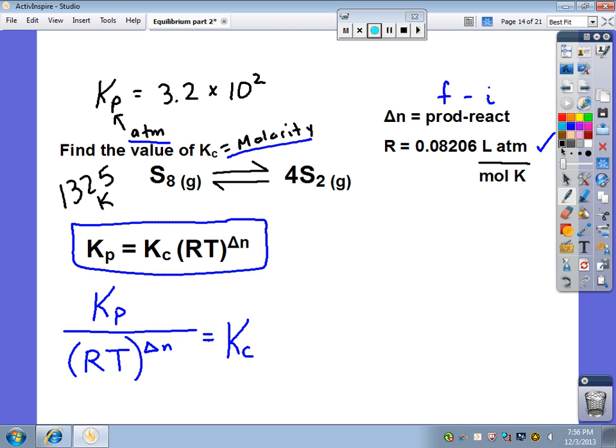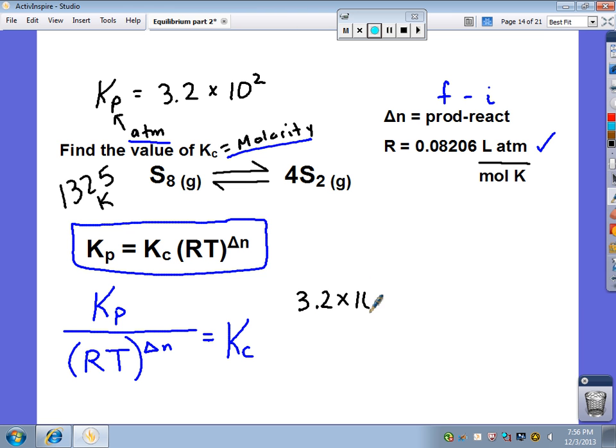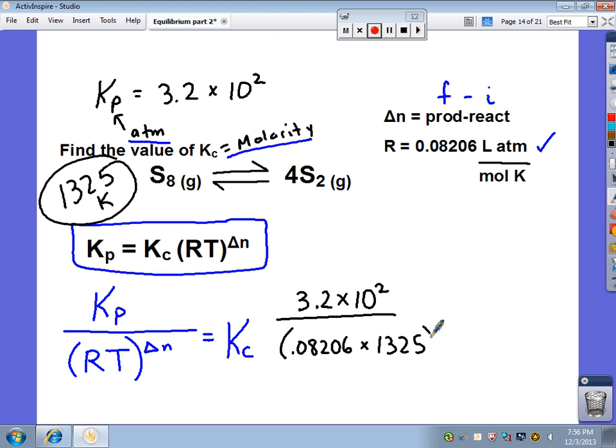We know Kp from our other page, because this is a continuation of another problem that we just did, is 3.2 times 10 to the 2. Well, what's R? R is 0.08206 liter atmosphere per mole Kelvin, times T. Well, T from our problem was 1325 Kelvin, right? Times 1325 Kelvin. And I'm going to take that to the power of delta N.